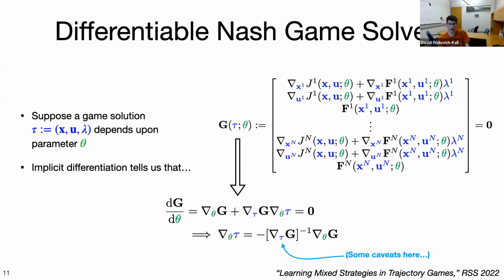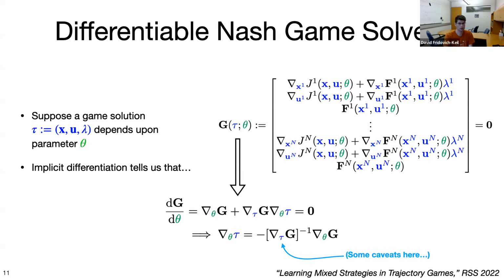So, chain rule, and rearrange, and you get the thing I've shown here. There are a few caveats that I don't want to get too wildly into. Long story short, subject to the caveats, you can differentiate tau with respect to theta, and that's how you do it.